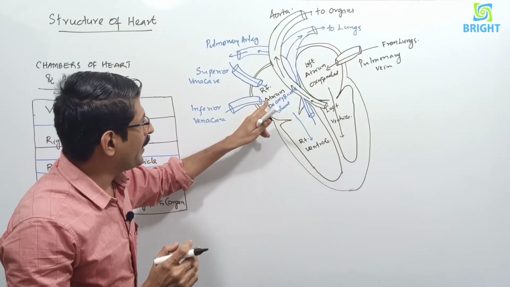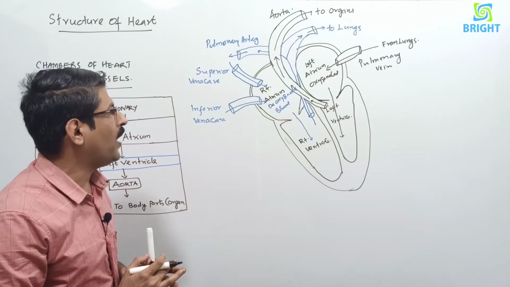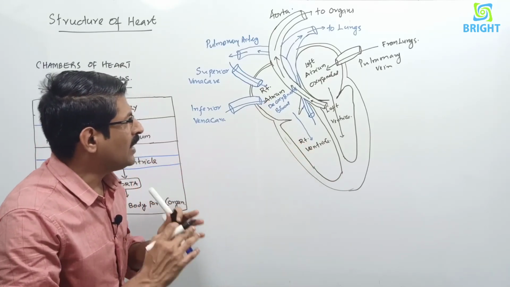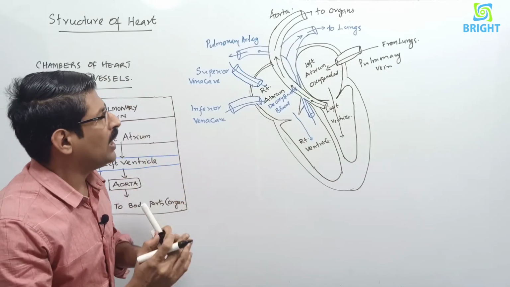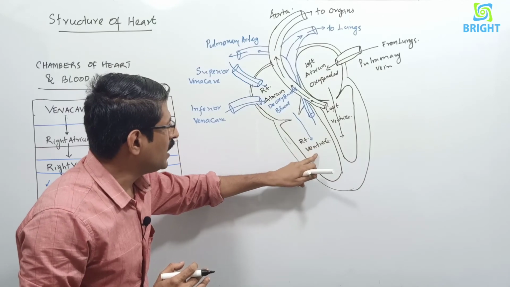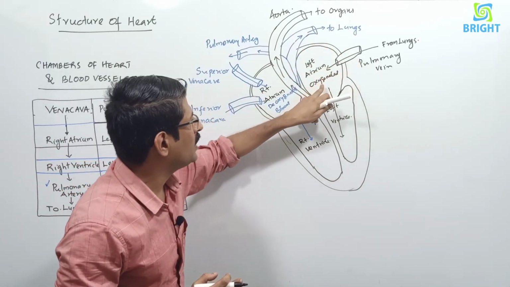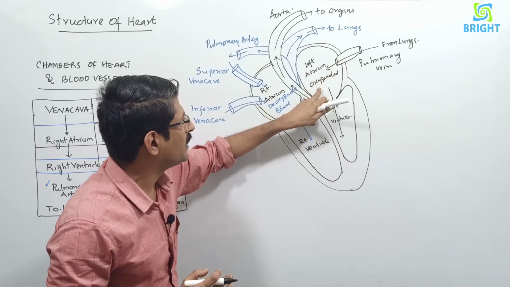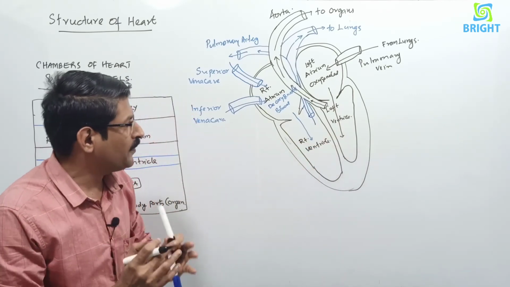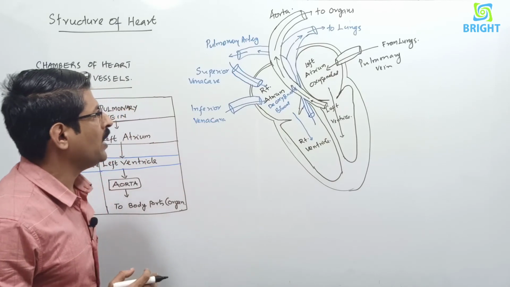So the upper chambers, atrium or auricle, receive blood from different parts, and the ventricle sends the blood either to the lungs or to different organs. So the right ventricle sends the blood into the lungs for purification, and the purified blood is stored in the left atrium, and from the left atrium it moves to the left ventricle, and when the left ventricle contracts, the blood moves into different organs through the aorta.